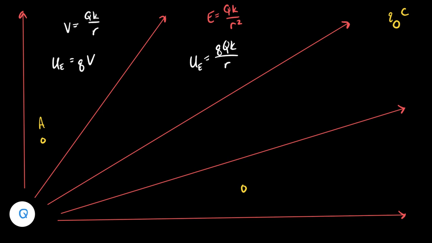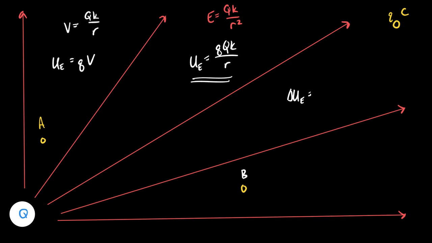Once I get there, I could talk about the change in potential energy for little q, going from C to maybe B, or from B to A, or C directly to A. In those cases, I have how much energy it takes to get to each of these points.